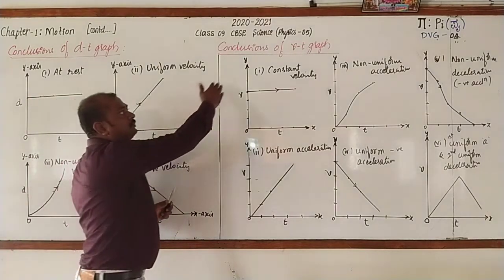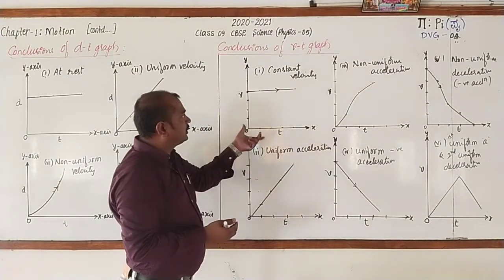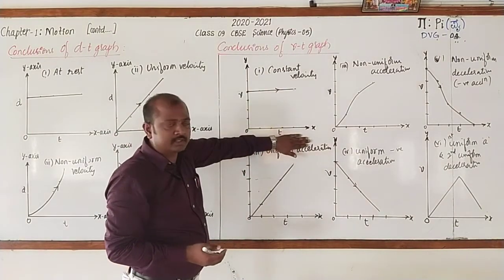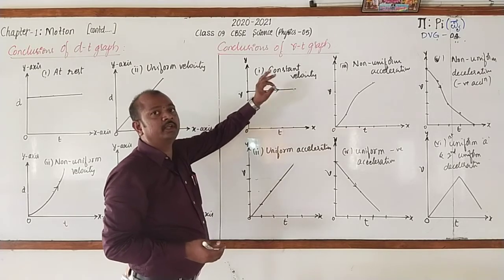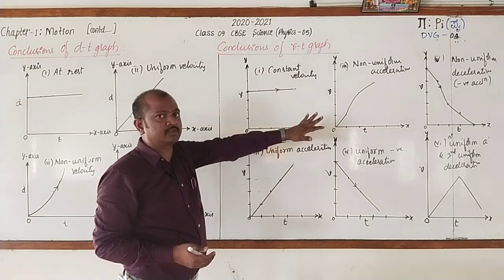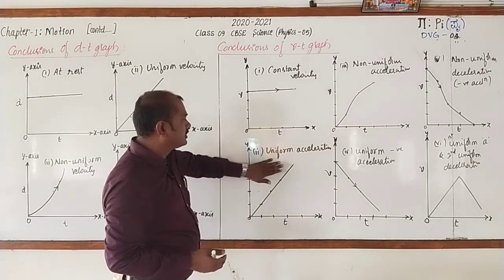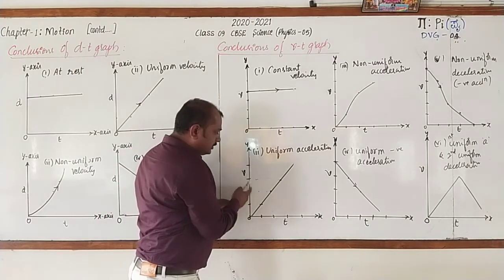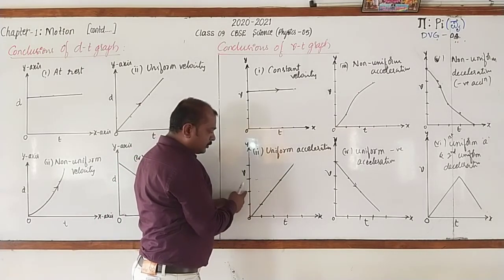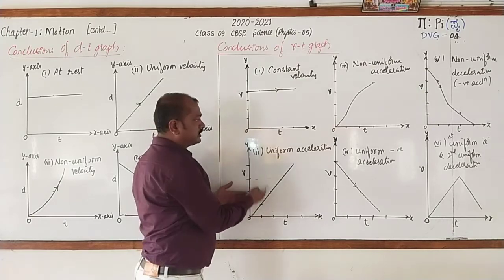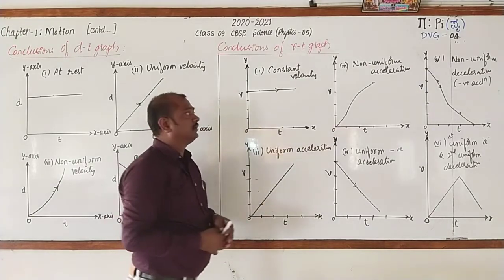Then, next, here the body is decreasing its displacement, then you can say that it is uniform negative velocity. Come to VT graph. In VT graph, if the line is drawn parallel to x-axis, the body is at constant velocity or uniform velocity. Second one, here there is change in velocity by equal amounts in equal intervals of time. It is uniform acceleration.